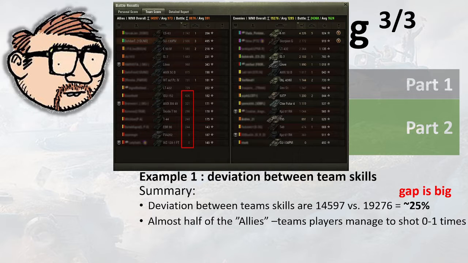The skill level was so low against the enemies in that situation.